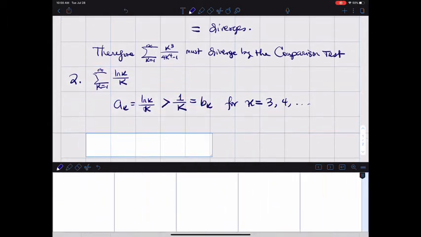I just want to mention something. Whenever you have a sequence or a series and k starts from, say, 1 to infinity, and you're able to work with something from k greater than 1, let's say k from 3, k from 4, k from 1,000, you can just forget about what happened from 1 to 1,000, or 1 to 3, and worry about what happens from 3 and above, or 1,000 and above.